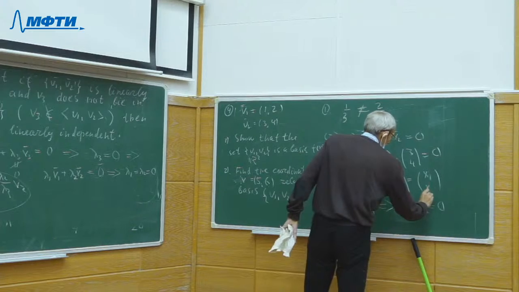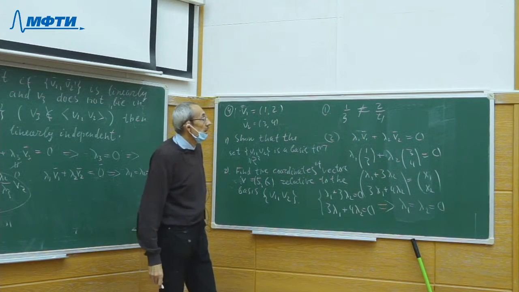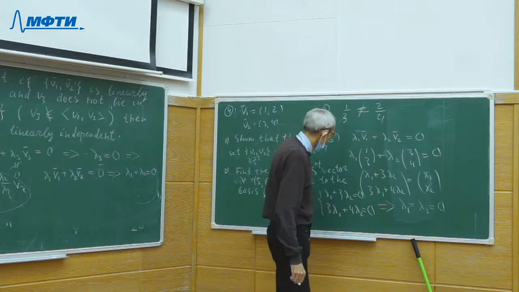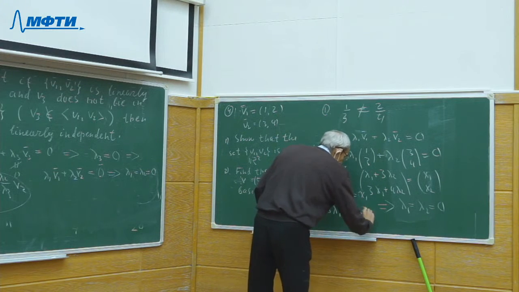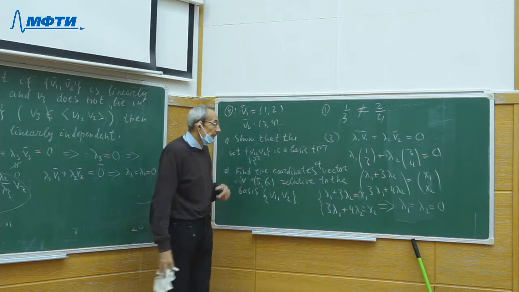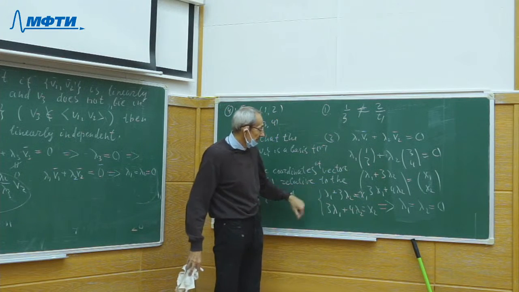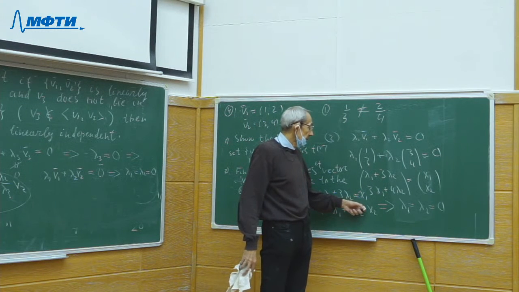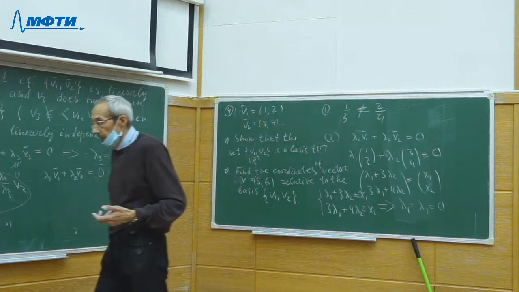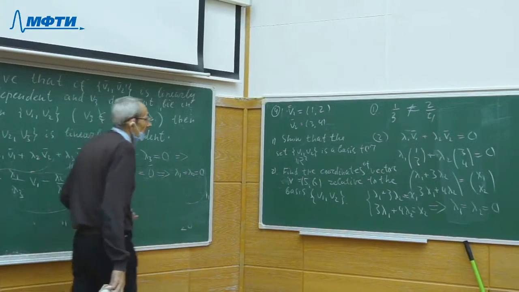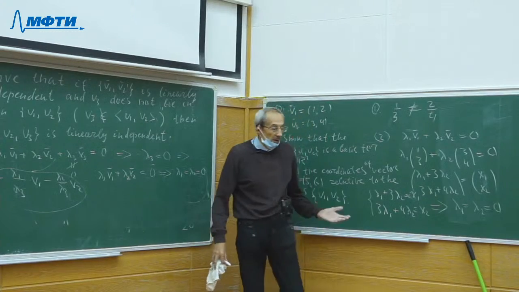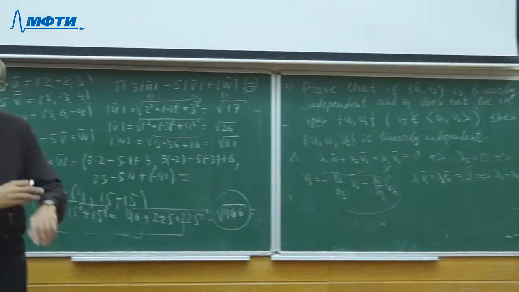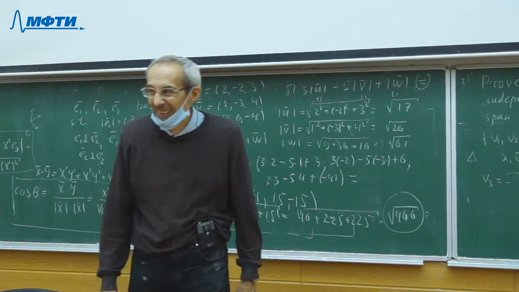Let's consider an arbitrary vector with coordinates x1 and x2, and we can solve this system with such a right side, and we can explicitly express the coordinates lambda 1, lambda 2 in terms of x1 and x2, and we can obtain the exact expression for these coordinates, and this reasoning proves that these vectors form a basis. My time now is up. Thank you for your attention.